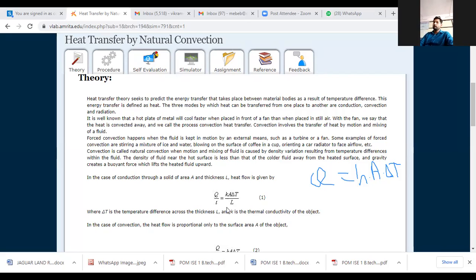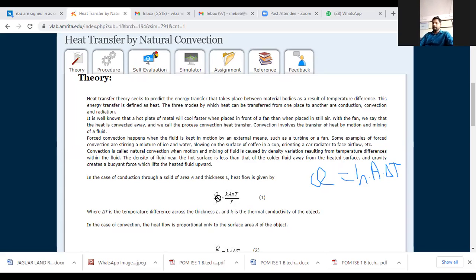Fourier's law states that the heat transfer rate is directly proportional to the perpendicular surface area for the flow of heat and the temperature gradient between the two surfaces, and it is inversely proportional to the thickness of that particular material or slab.